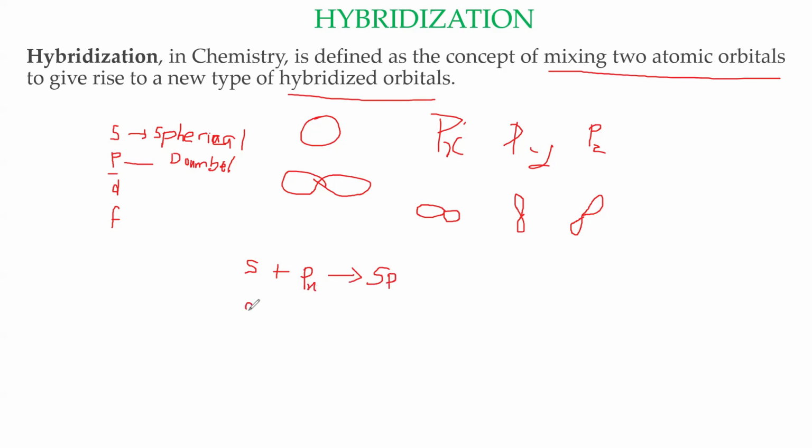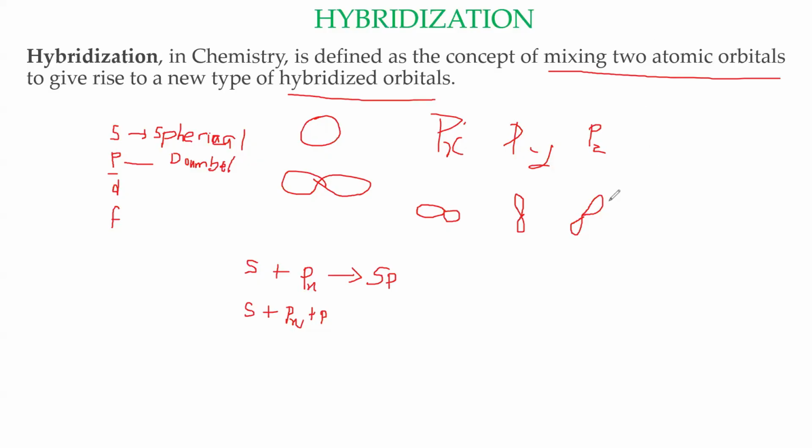When we have s plus px plus py, they will combine to produce a hybrid orbital called sp2 hybridization.